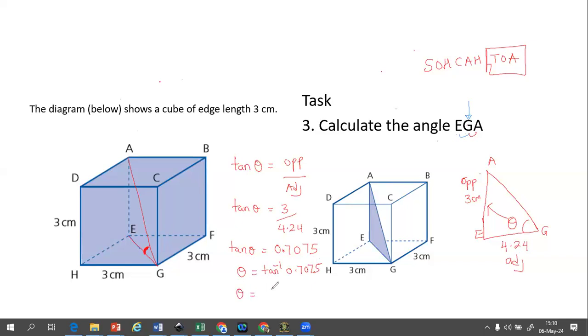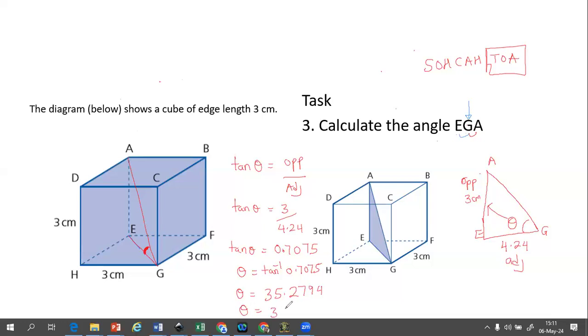So we use inverse. Which angle do we get? 35.2794. Okay. So in your conclusion, when we are writing angles, write them to 1 decimal place.